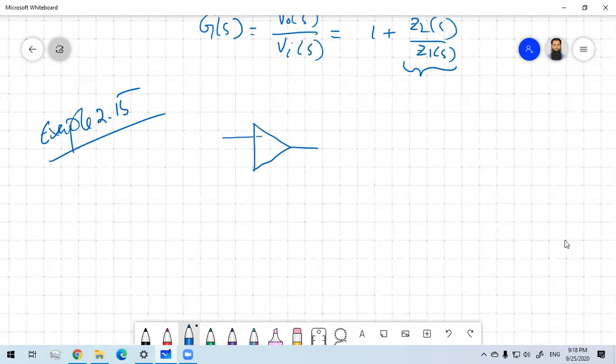The feedback is still on the negative side, then your VIS is here, and you have an RC series network here, and you have a feedback network here.